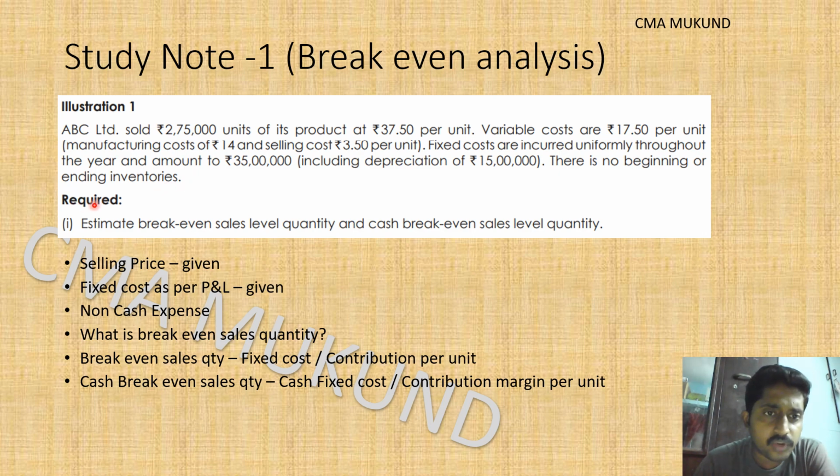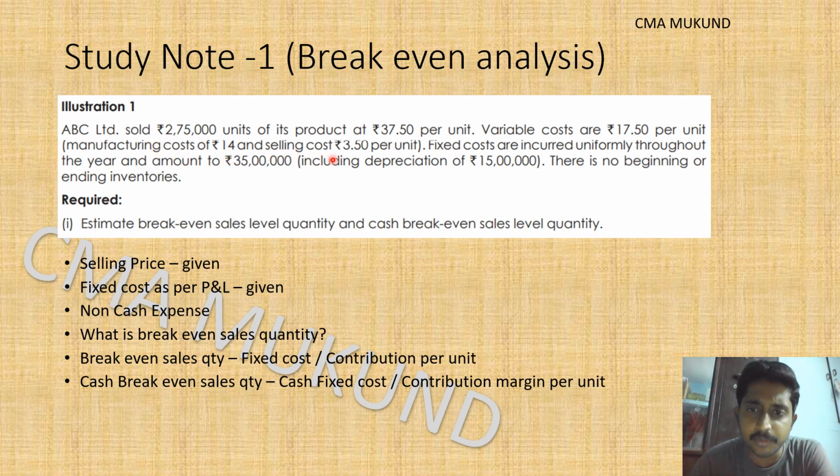Required: estimate the break-even sales level quantity and the cash break-even sales level quantity. Here the selling price is given in the question, and we also have the variable cost per unit, which is 17.5. We have to include manufacturing and selling because the product is sold.